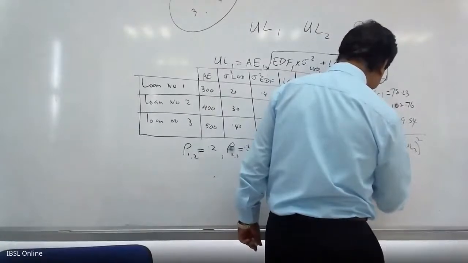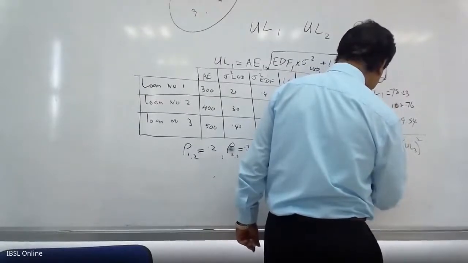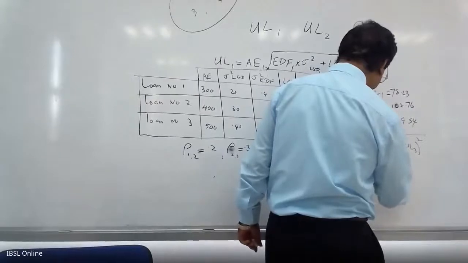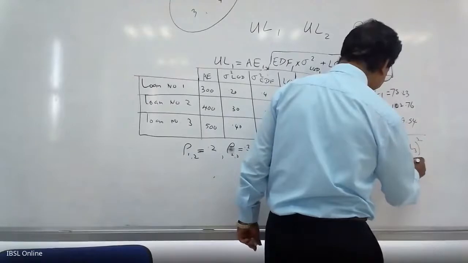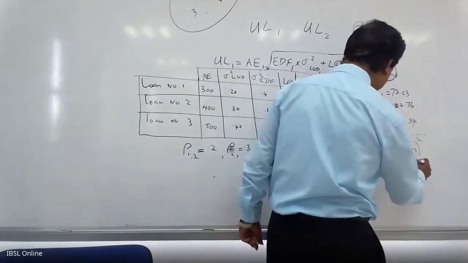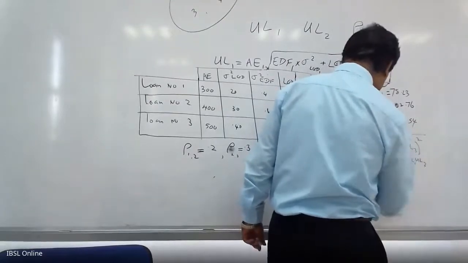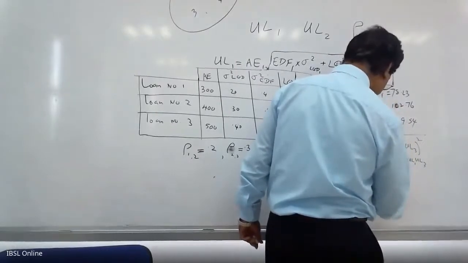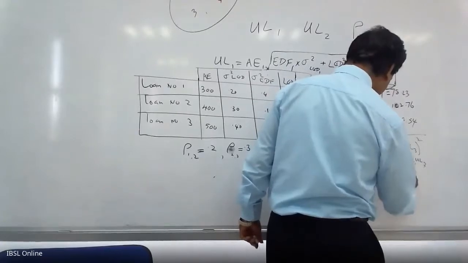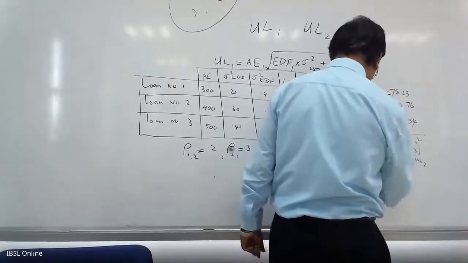UL1 UL2 plus 2 rho 1 3 UL1 UL3 plus 2 rho 2 3 UL2 UL3. Now all these squared.